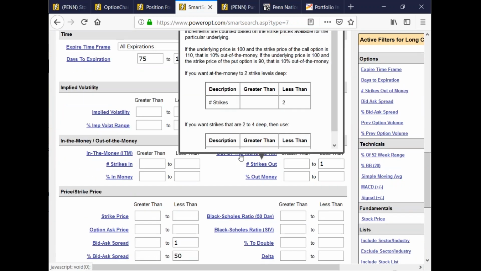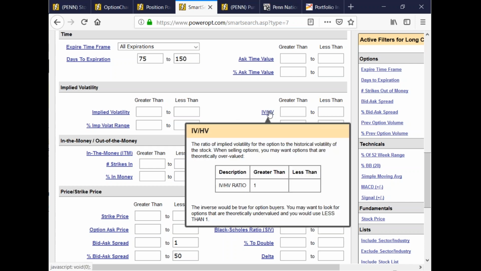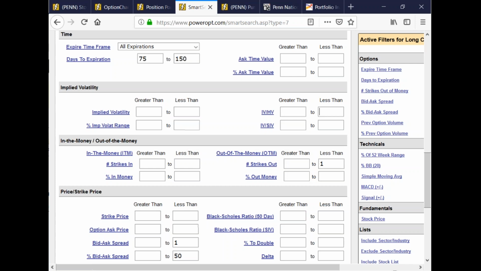Just as Chucky said, I want to buy something that appears undervalued compared to the historical volatility, and also where the volatility percentage is in the lower range of 100%. So if the volatility recovers, it works in my favor. It goes back to the norm. So I would look for undervalued options using the IV over HV ratio. We'd look for less than 1. I could even look for less than 0.90.